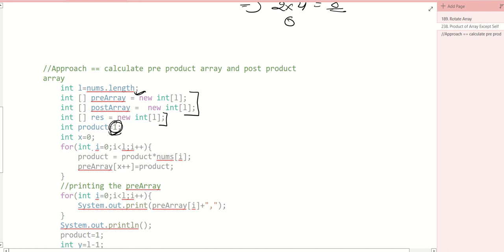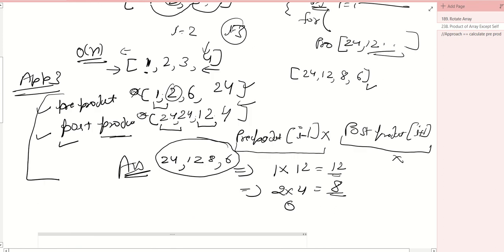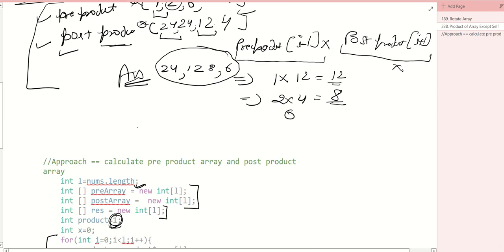Now for this part, it is just calculating the pre-array. As we discussed, how are we calculating the pre-array? We start from left to right, keep on multiplying, and keep on storing the value over here.